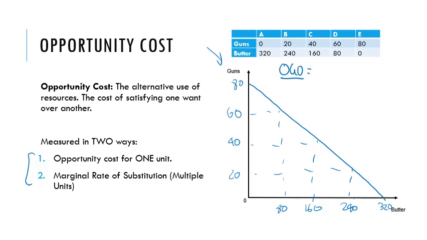Okay, that means other goes over. So if I was to find the opportunity cost of making guns, I can make 80 guns, I'll put 320 on top.